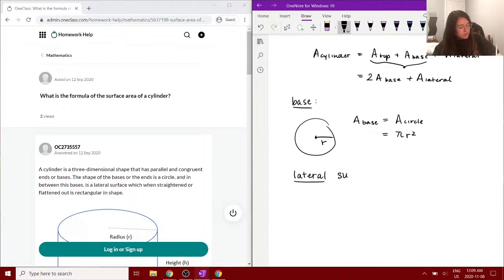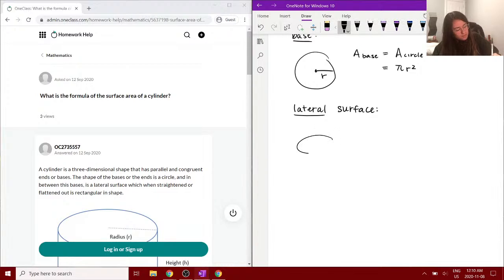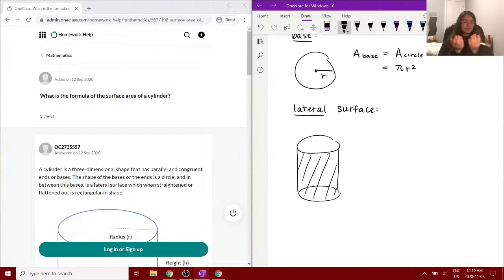Just to be clear, surface. Okay, so the lateral surface of the cylinder is the whole outside, say, of a tube or something like that, right?